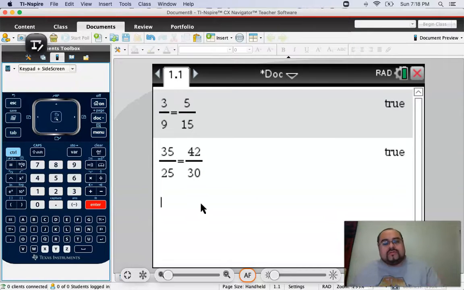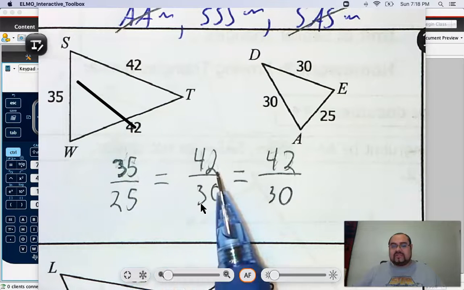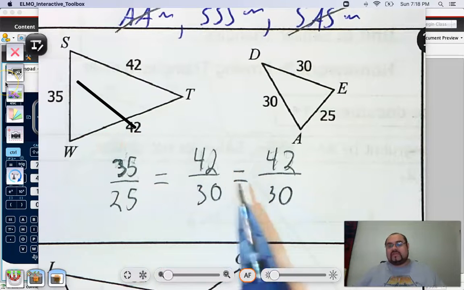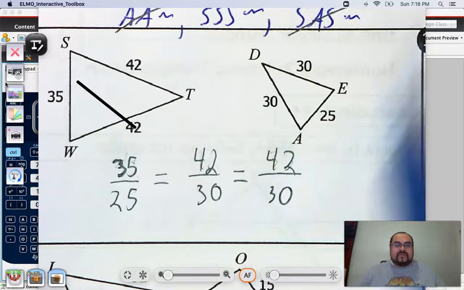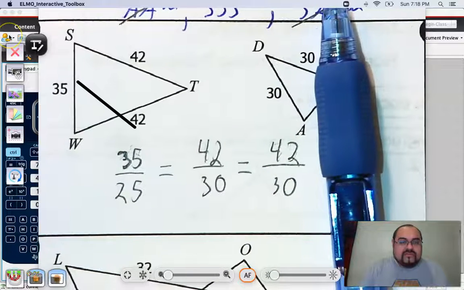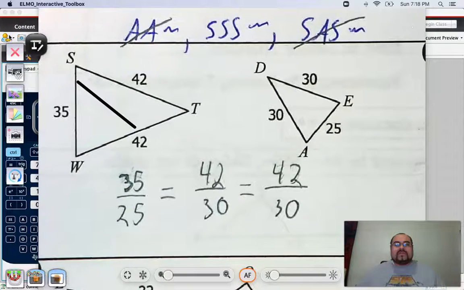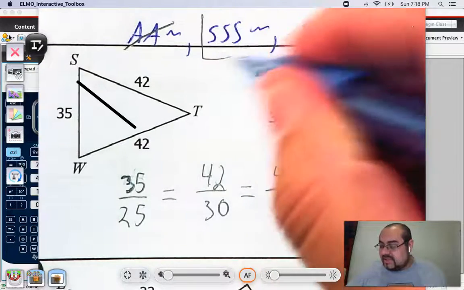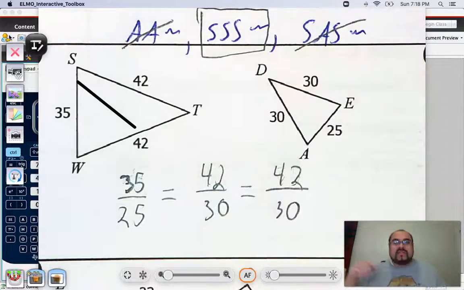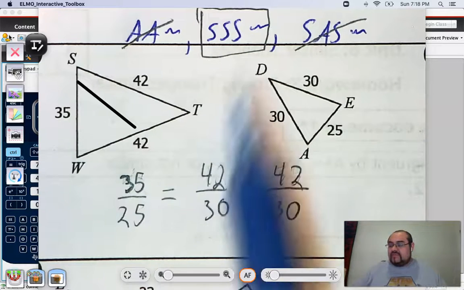So this fraction is equal to this fraction, and by default, since these two fractions just happen to be the same, these two are also equal to each other. I don't know where that line came from. I can't erase it, but just bear with me there. So these are proportional, so the SSS similarity postulate does hold for this example, and you're good to go. That's going to be the answer for this problem.